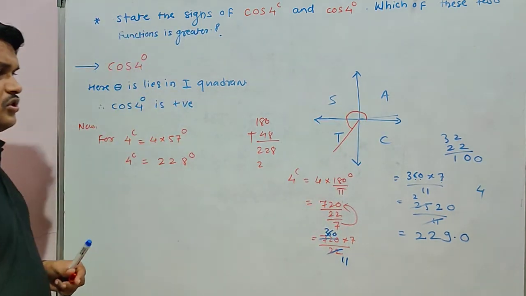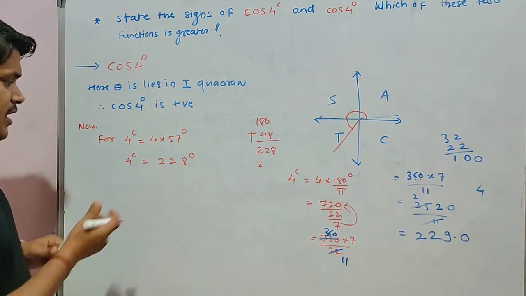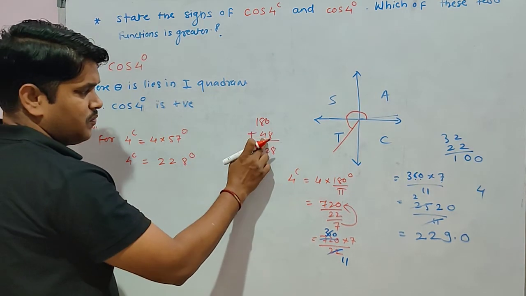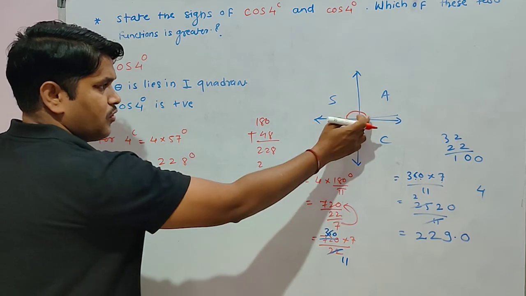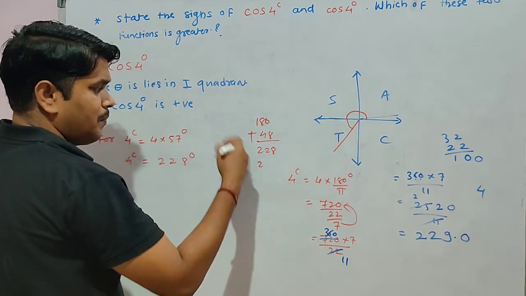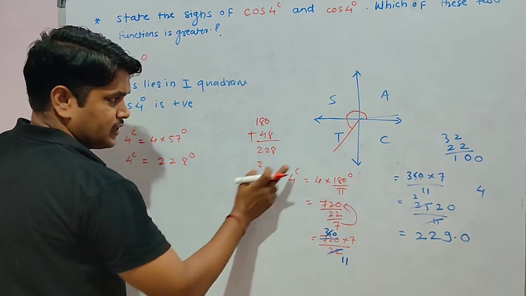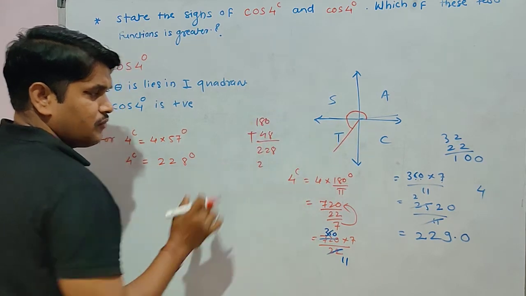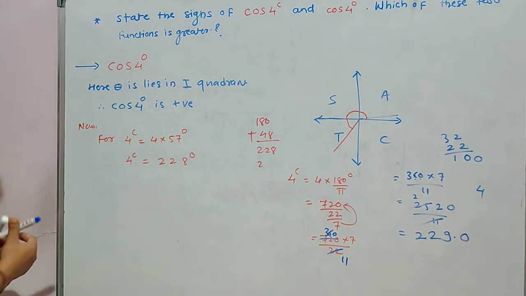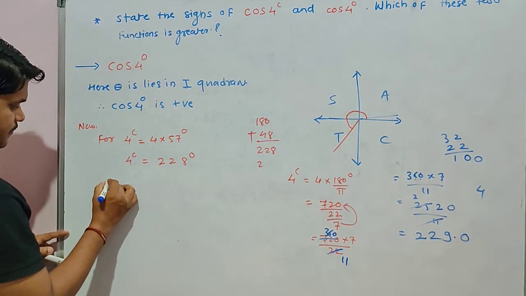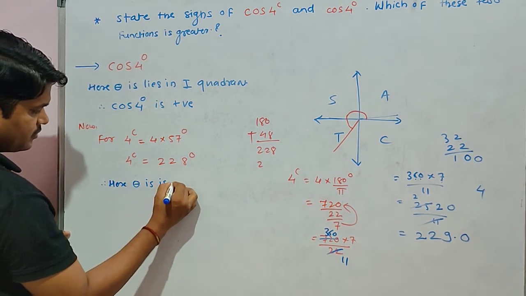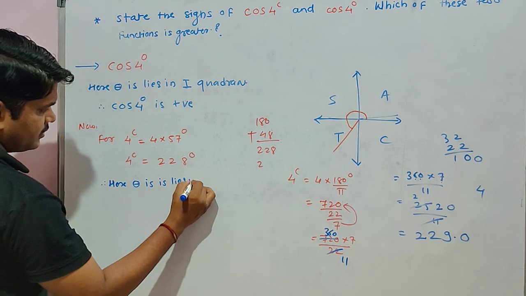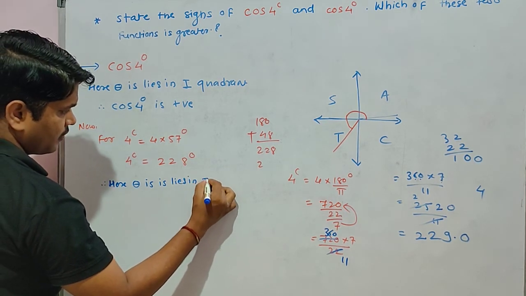Third quadrant. 228 can be written as 180 plus 48. 180 covers the first and second quadrants, and plus 48 or 49 takes us into the third quadrant. Therefore here theta lies in the third quadrant.